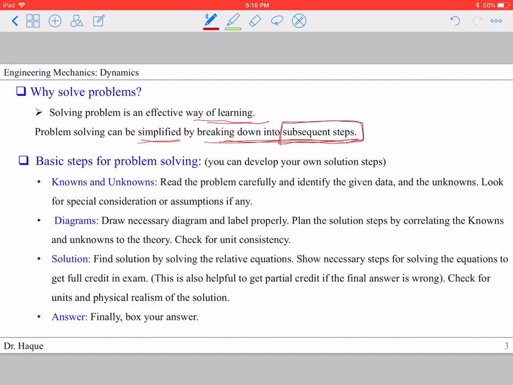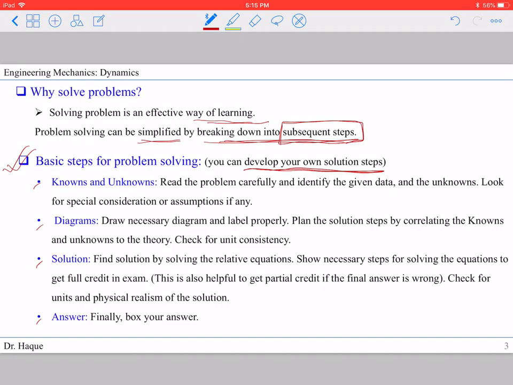I have made some basic steps that I'll follow in my lectures. If we follow these steps, the problem will be much simpler, but you are always welcome to develop your own solution steps, or add more details into those basic steps that I have listed here, the way it is better for you.